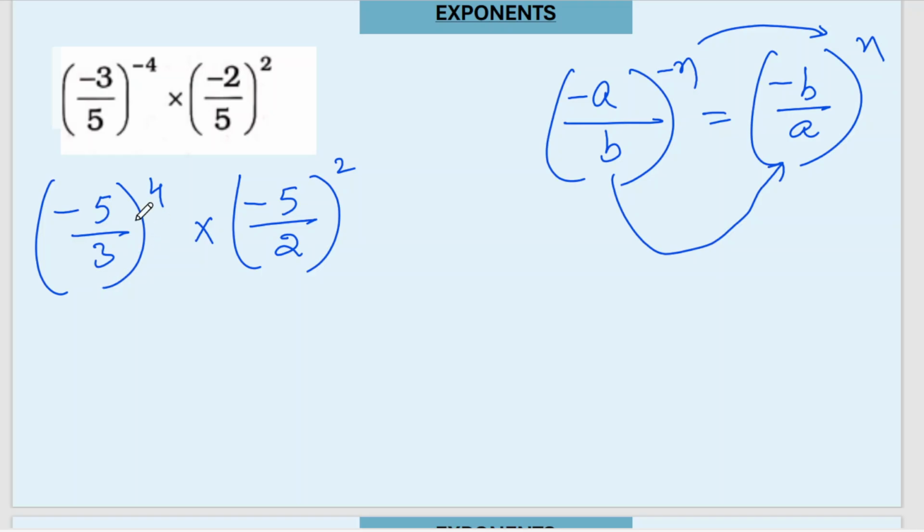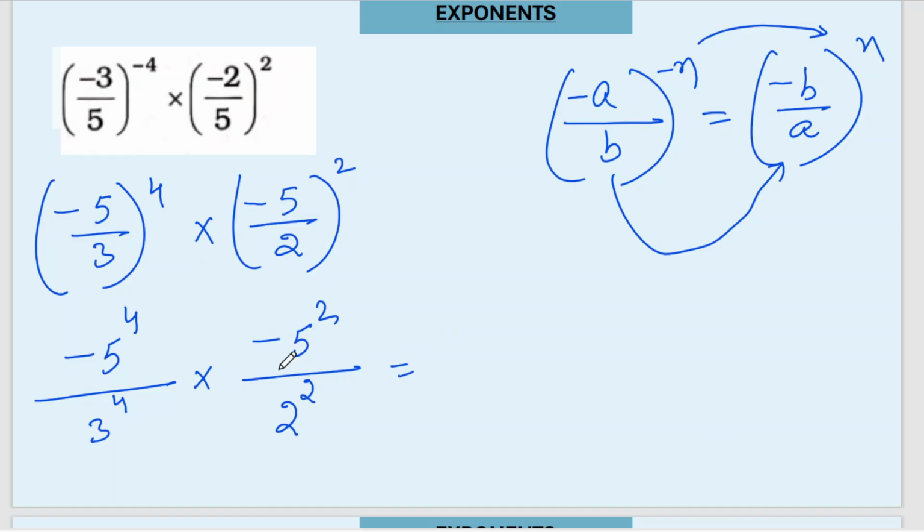Okay, now minus 5 to the power 4 divided by 3 to the power 4 into minus 5 to the power 2 by 2 to the power 2. Okay, see, minus 5 to the power 4 into minus 5 to the power 2.